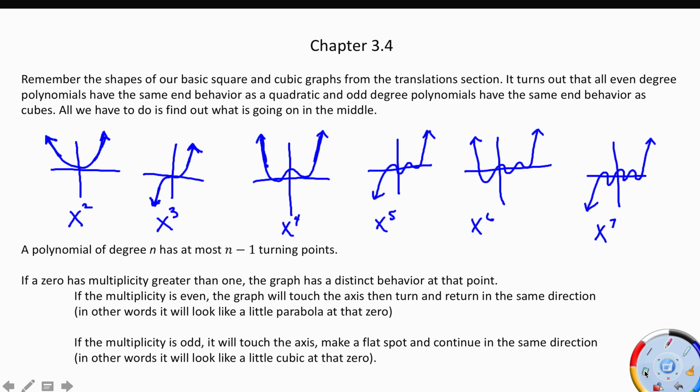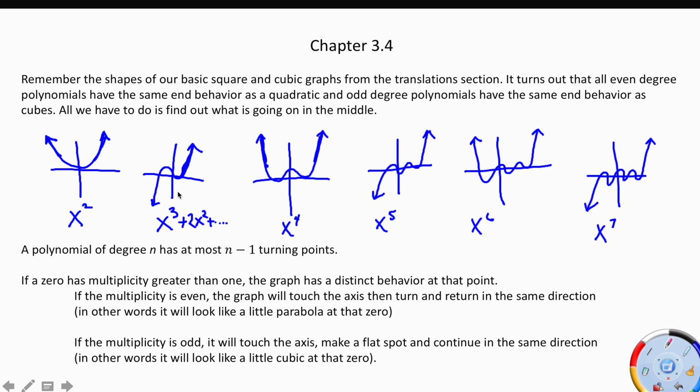And a cubic. Now, we only did the cubes that we could use translations on, but if we had a cubic function like this, its shape would probably, the ends are still the same, but that middle bit may change.